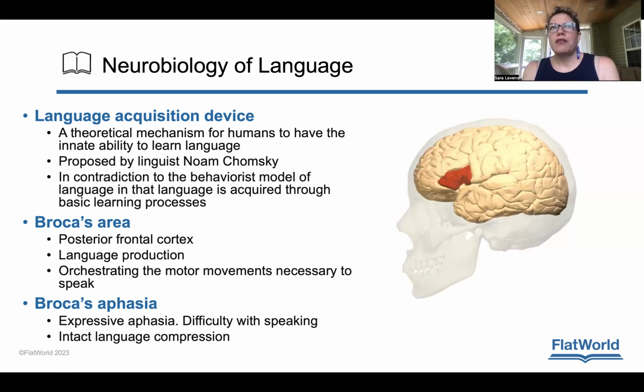So this is the idea that we can learn it, and everything that I went over is important for this. Because of that, are we basically predisposed as humans? Do we have an innate ability to process and acquire and even create languages?